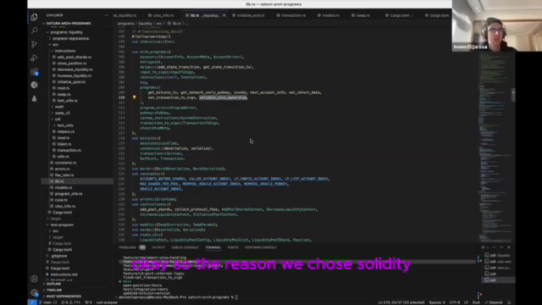Okay. The reason we chose Rust over Solidity: first of all, we need to be as low level as possible, and Rust is essentially a low level programming language. Solidity has a lot of downsides. It's only written for programs to be sequential. You can't really use it for parallel programs, and Bitcoin works in a parallel fashion.